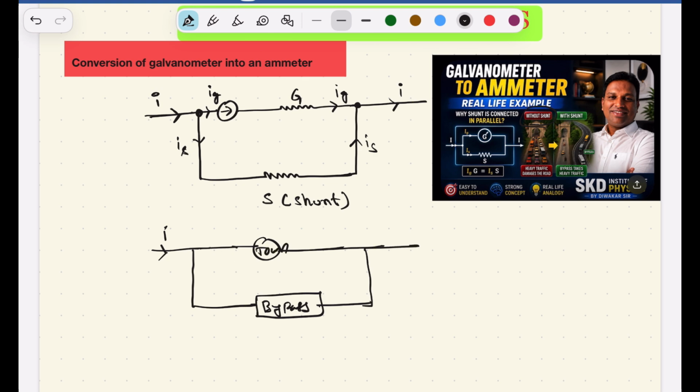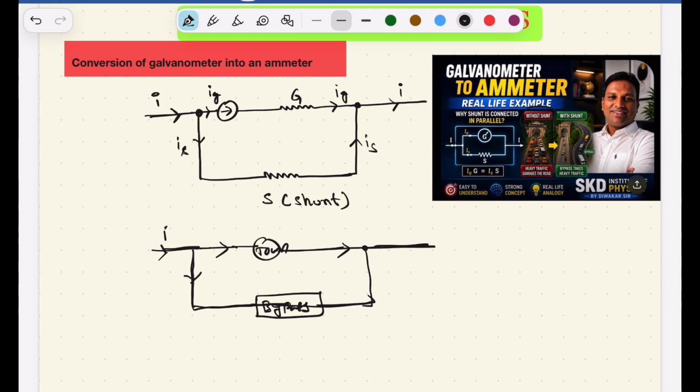The light vehicles, that is 2-wheelers, 4-wheelers like that, will move in the town and the heavy vehicles will move in the bypass. These two kinds of vehicles again meet at the end of the town, combine and move on the highway.